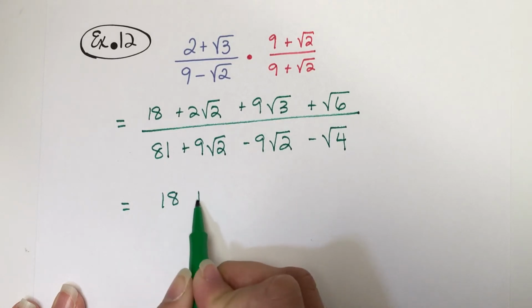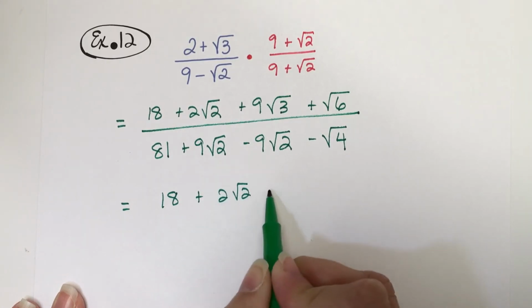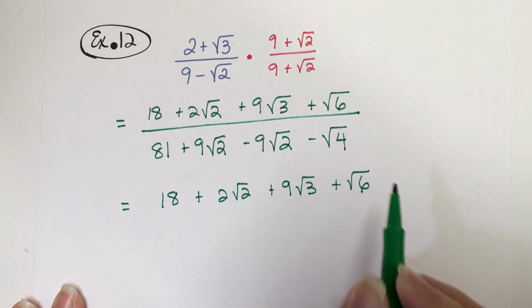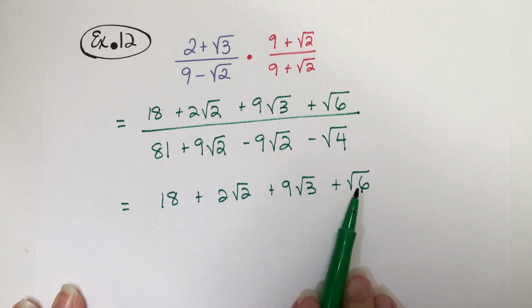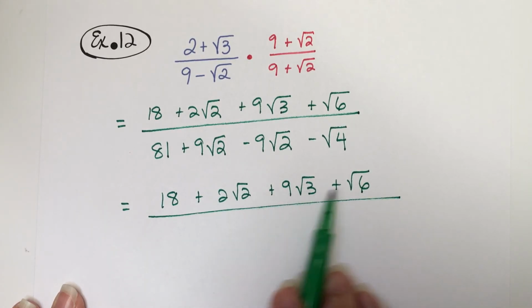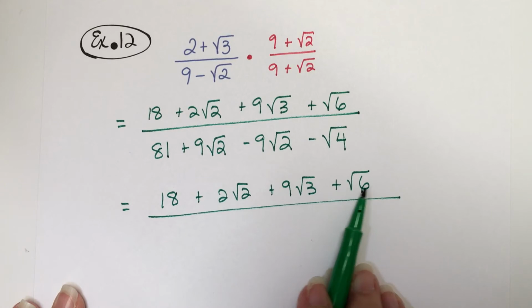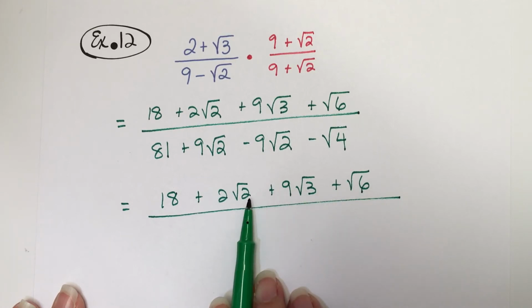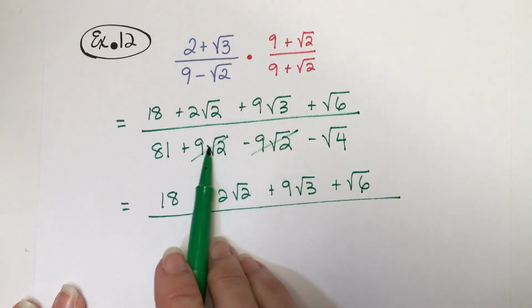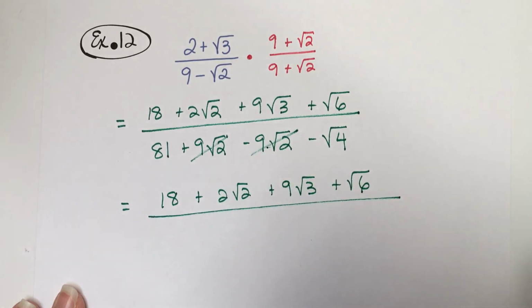Now, there's nothing that you can do on the top as far as simplifying, because the radicals that you have on each of these are different. So remember, what we learned was if they're different, you cannot combine them together, and there's not any simplifying you can do to those. Now, on the bottom, you can combine these two, but when you combine them, you're going to get 0.